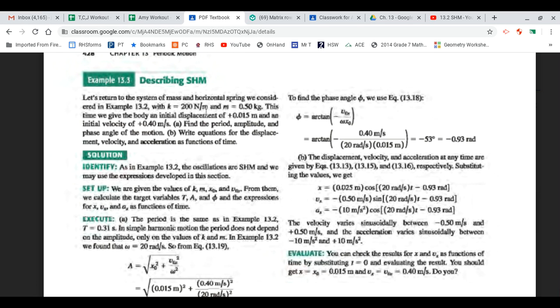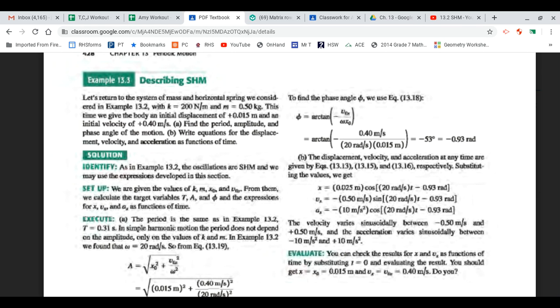The spring constant k is still 200 newtons per meter. The mass is still 0.5 kilograms. This time we give the body an initial displacement of positive 0.015 meters.